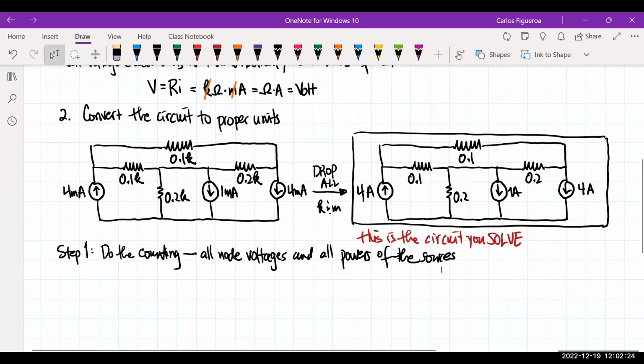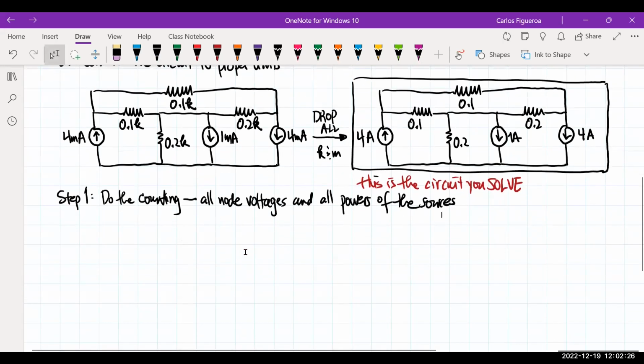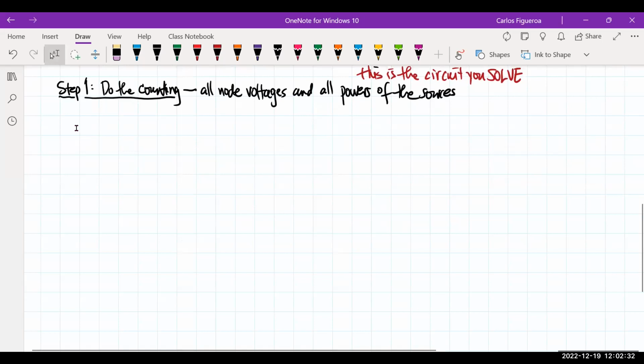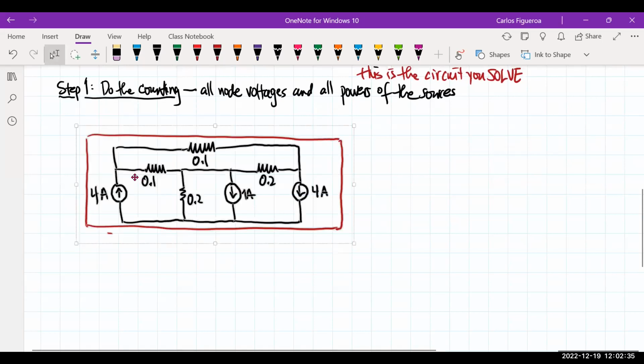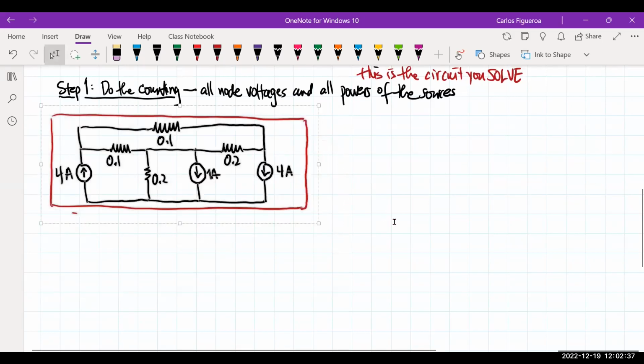So let's paste this in and let's get going. I'm going to do all the counting. So here's the circuit. I'm going to paste this in right here. Then I'm going to do some editing.